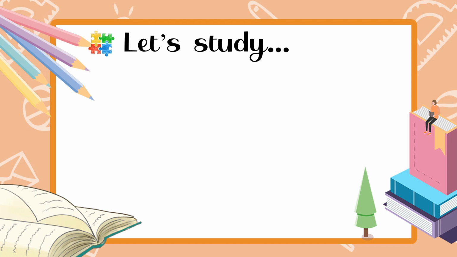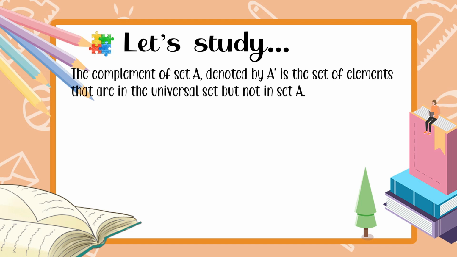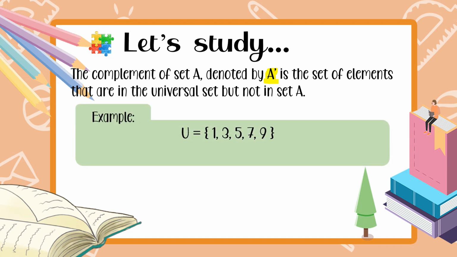Let's continue. The complement of set A, denoted by this symbol, is read as A prime, is the set of elements that are in the universal set but not in set A. I'll give you an example para mas malinaw. So, we have here the universal set, 1, 3, 5, 7, 9 ang kanyang elements.